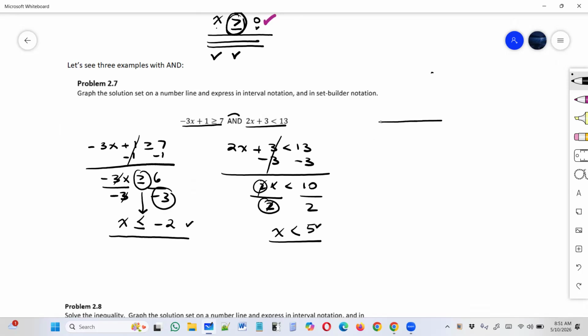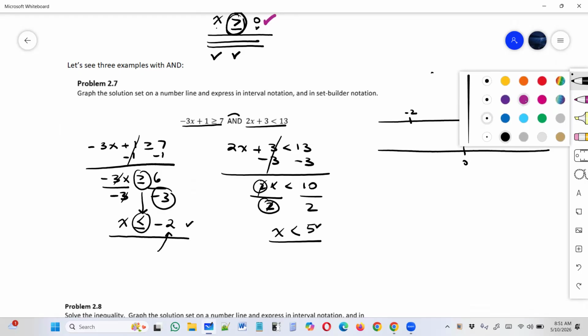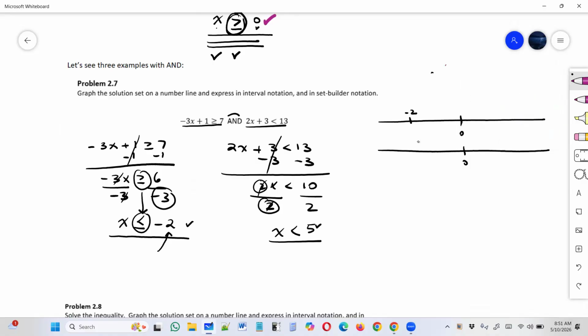I'm going to graph them on the number line, each on top of the other. It's very important that they be on top of the other. I am going to plot the -2. I'm going to graph it in the direction of the inequality, which is to the left. I am now doing this one.